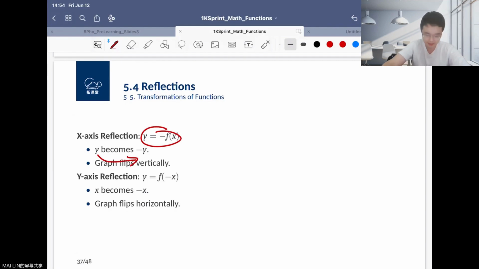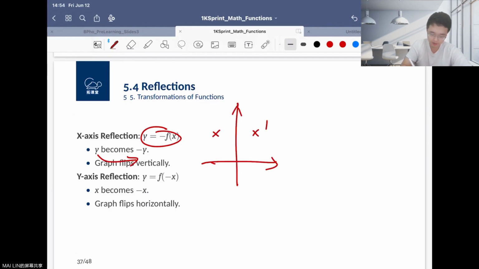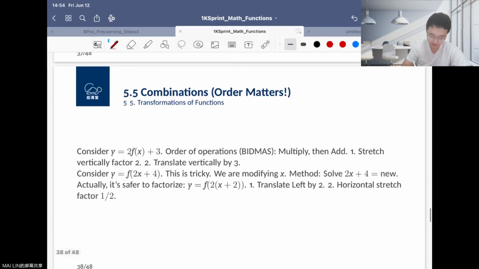And when we use it for a reflection in the y-axis, say from point B to point A, you can find the y value doesn't change, but the x value turns negative. So we can say the graph flips horizontally from point B to point A.